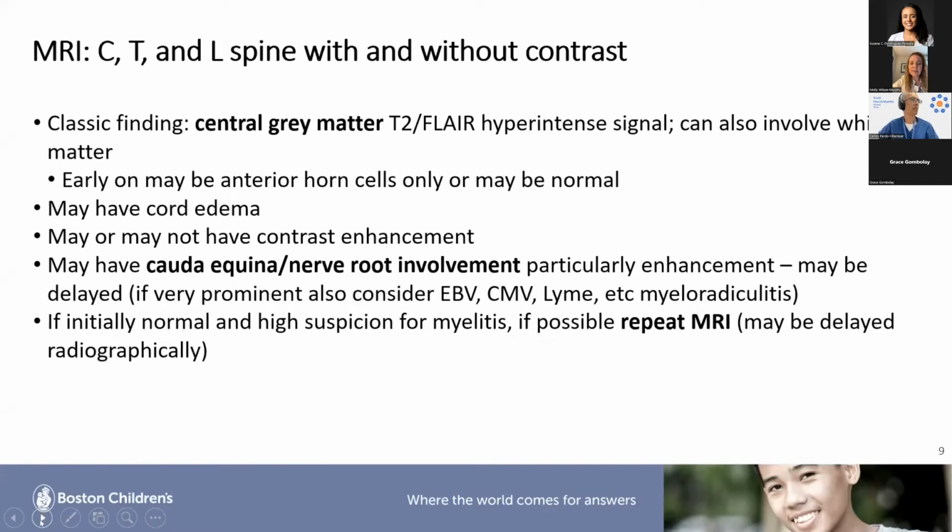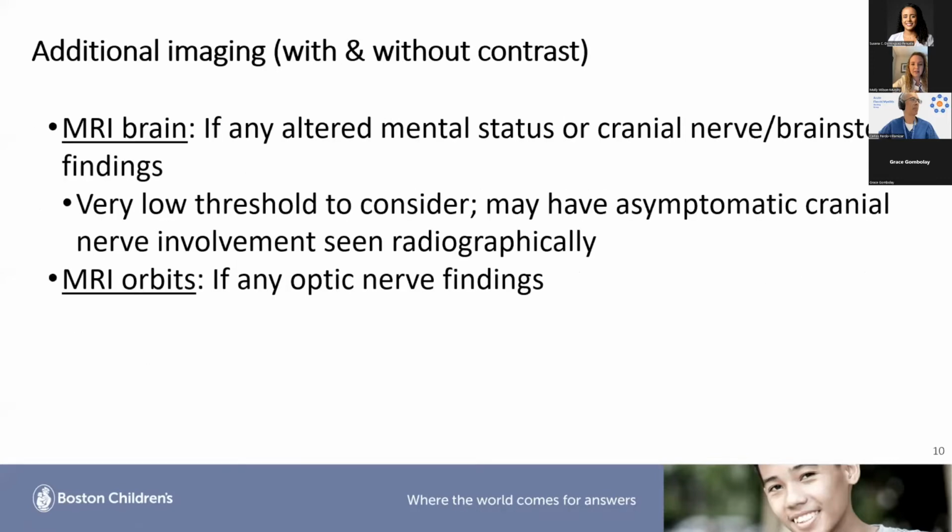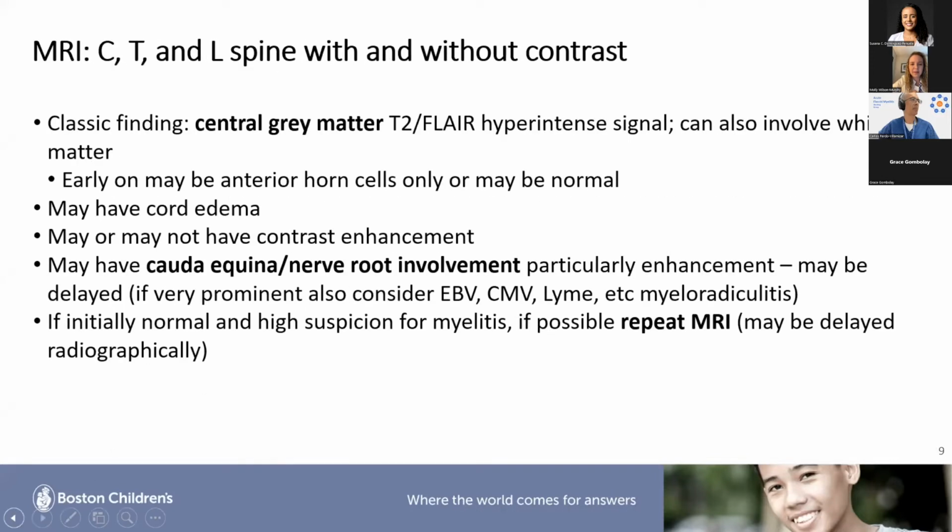But with AFM, it's important to image the conus and also the cauda equina and the nerve roots, because you can have cauda equina and nerve root enhancement, which in some cases may be delayed, but if you see that, that can be another supportive factor leading you toward the diagnosis of AFM. And then if the imaging is initially normal and you have high suspicion for myelitis, if possible and resources are available, repeating the MRI, as you may have delayed radiographic findings.